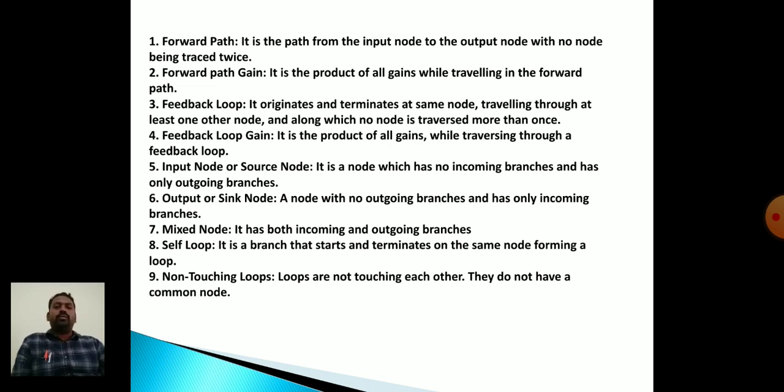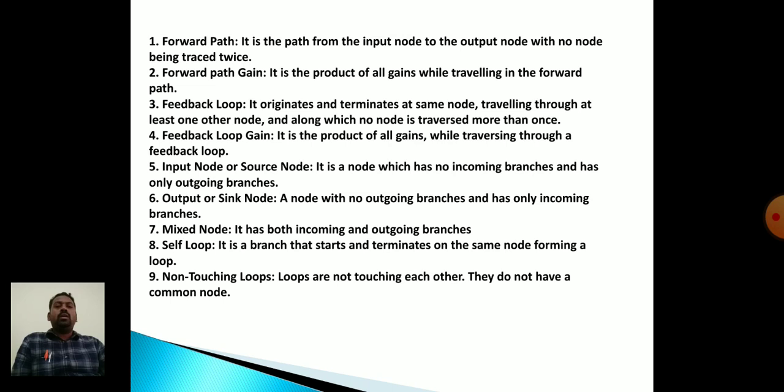A feedback loop originates and terminates at the same node. So a feedback loop starts from one node, travels through another node, and comes back to the same node. It originates and terminates at the same node, traveling through at least one other node, along which no node is traveled more than once.